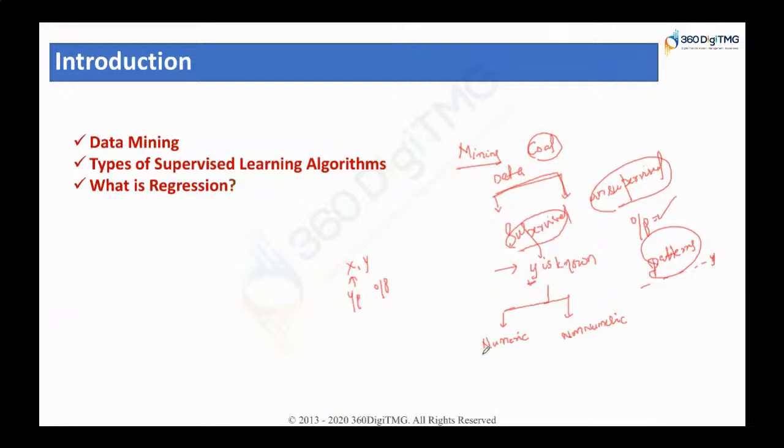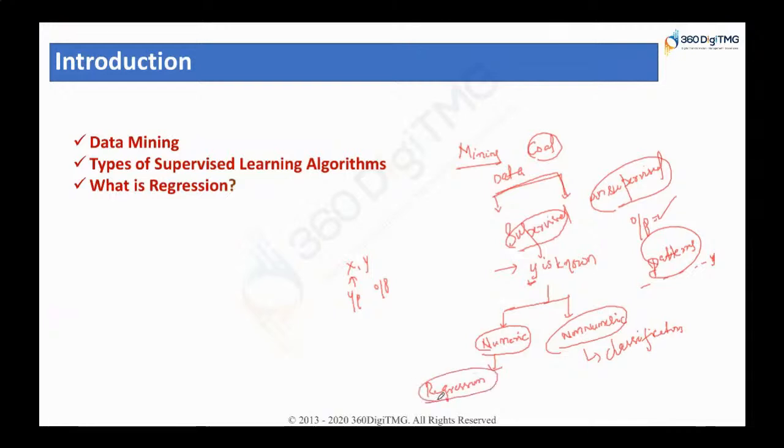Today our topic goes with numeric data, and when we deal with non-numeric, the technique is called classification. When I say numeric, we are going with regression techniques.